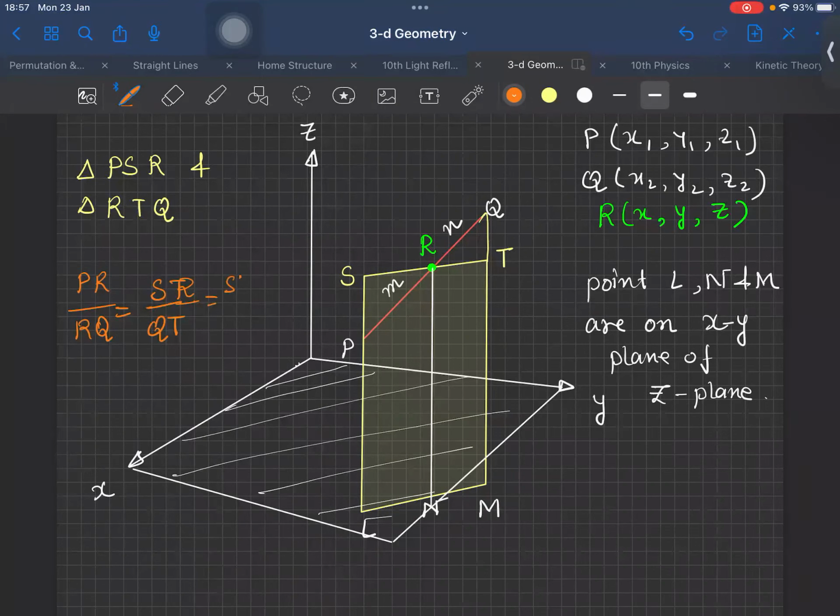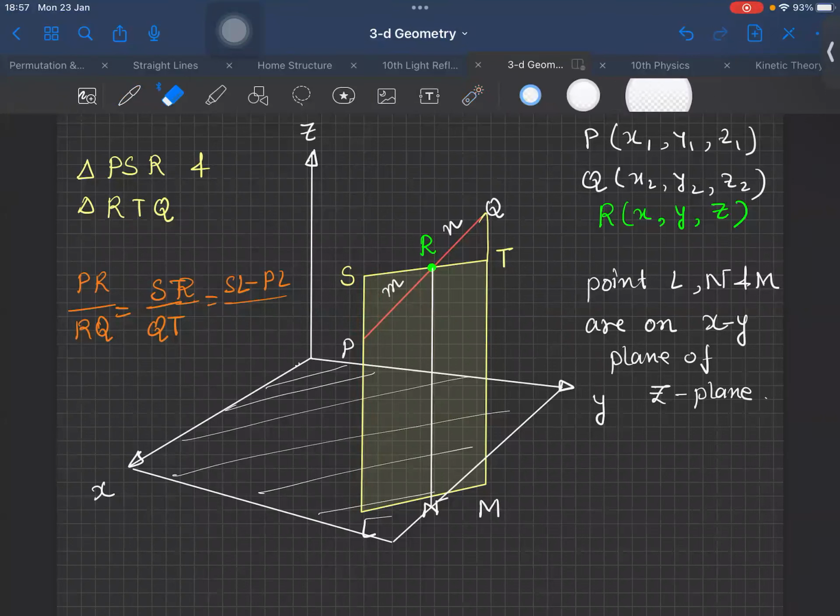Again, we can write SL minus PL, so that we can get this.